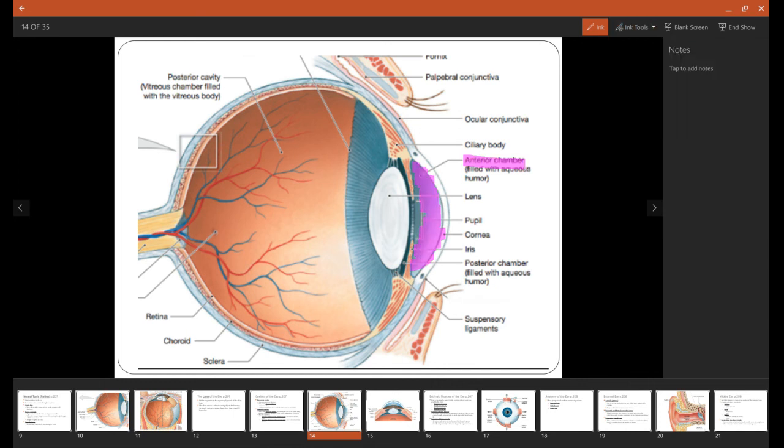And then we have much smaller, the posterior chamber is just this space right here between the lens and the iris. You can see it's much smaller here. But that will be the posterior chamber of the anterior cavity. And those are what are filled with aqueous humor.